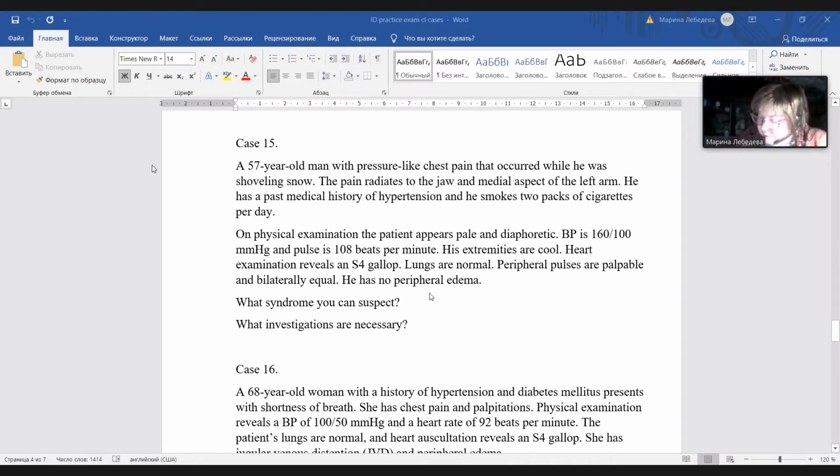It is heart failure. What is necessary to do?